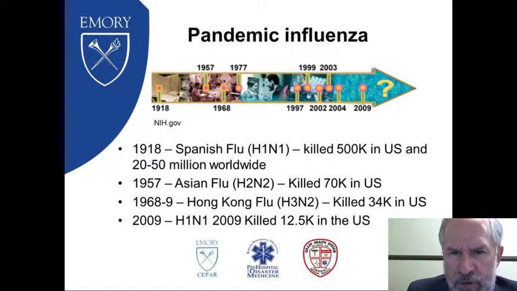That strain of H1N1 influenza that occurred was known as the Spanish flu. It had many different names, but probably best known in the U.S. as the Spanish flu. Killed perhaps 500,000 persons in the U.S. and maybe 50 million people worldwide. That was the big one of the 20th century.